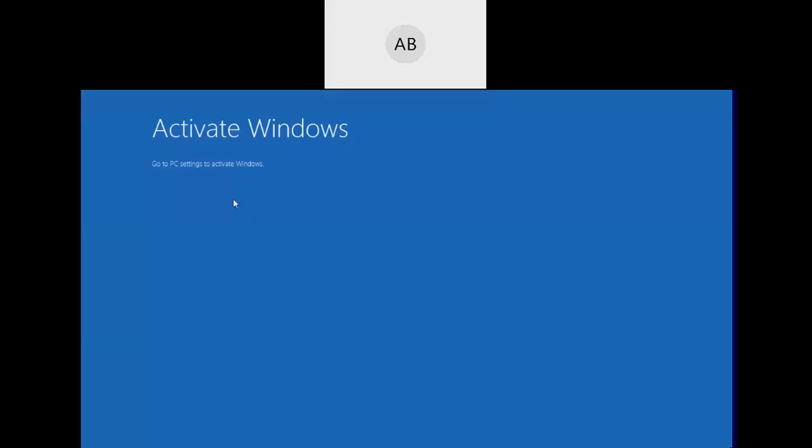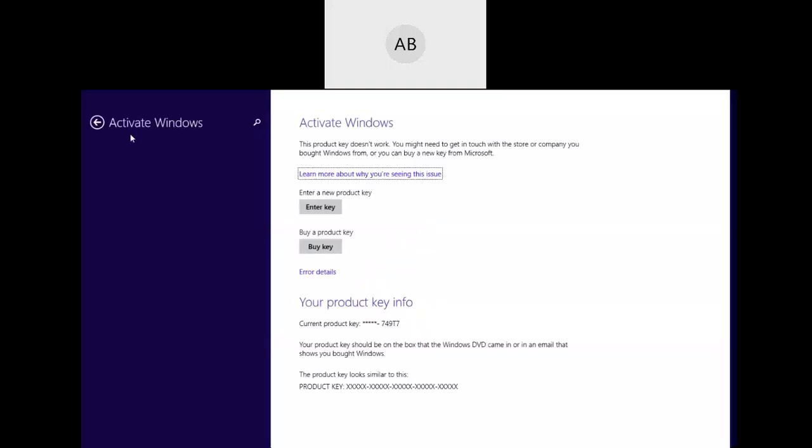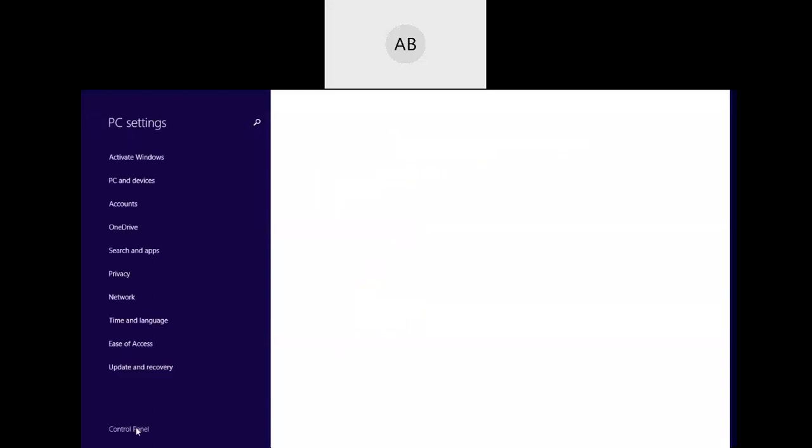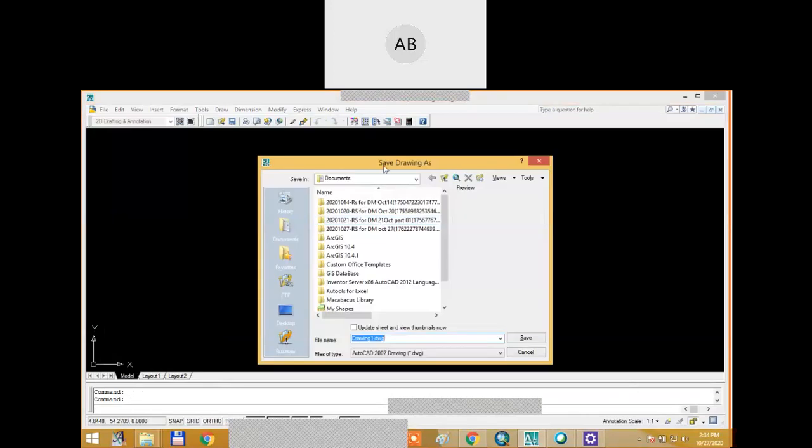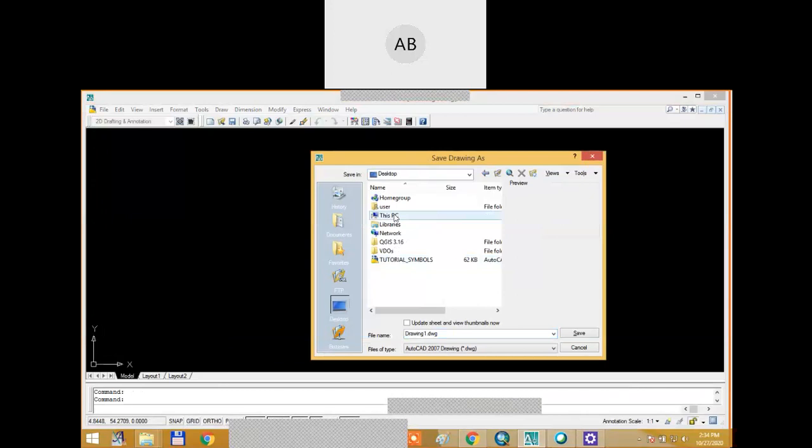What will you do? I open up my CAD. Okay. Then I save the file. A moment. Okay. File, save. So I want to save it somewhere.